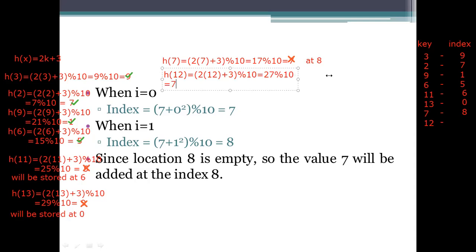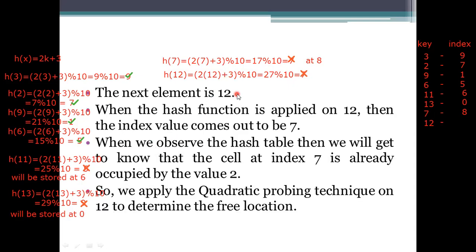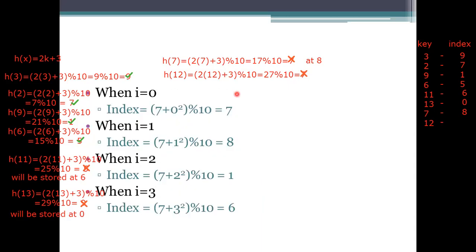Okay. What happens here? It is taking the value which is to be stored at 7, but it is also a taken one. So if it is a taken one, it won't allow you to access. So we need to go for another processing. So here, if you see, by using 7, one squared value gives 8. 8 has been used here. Now see here, what are the values we are getting? Here it is 7.